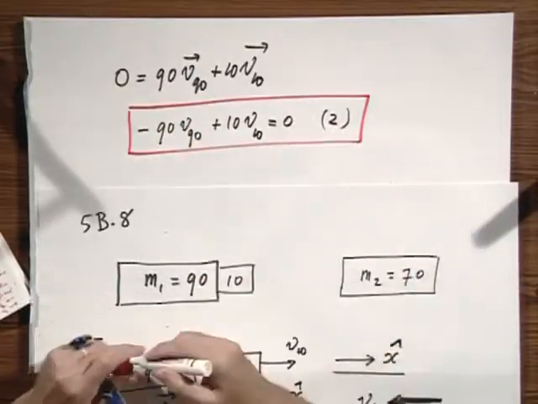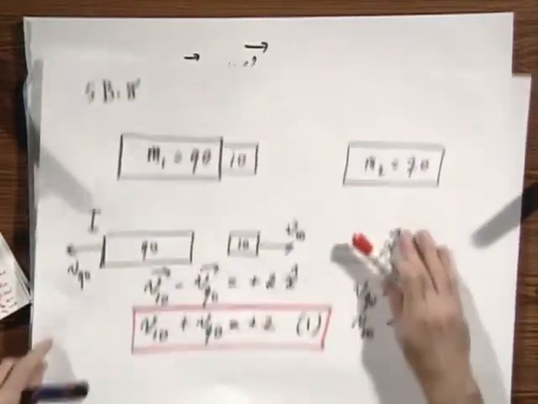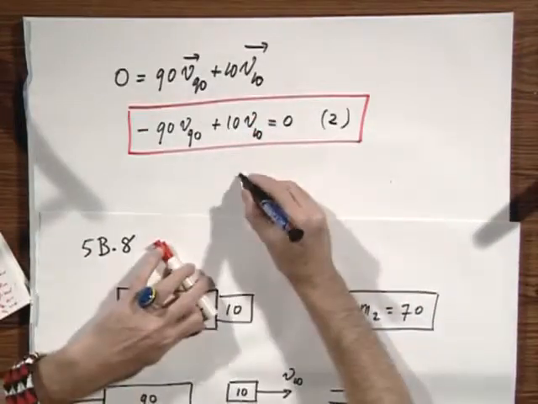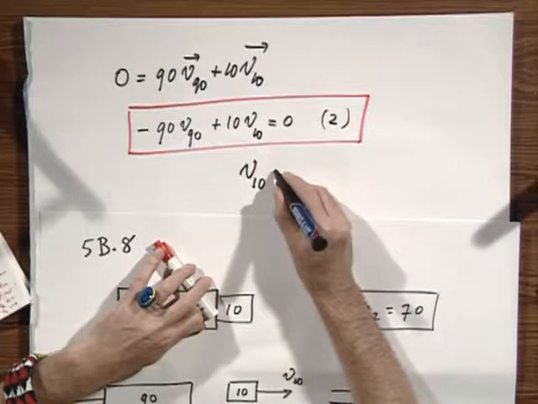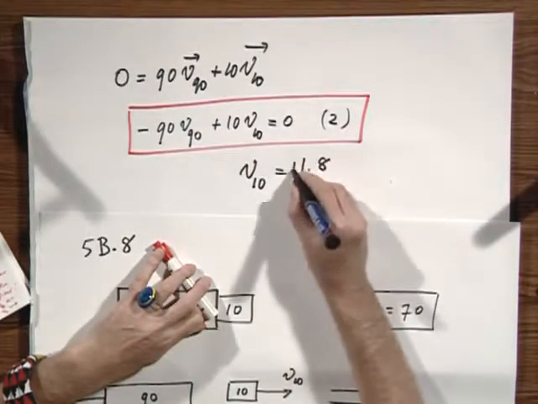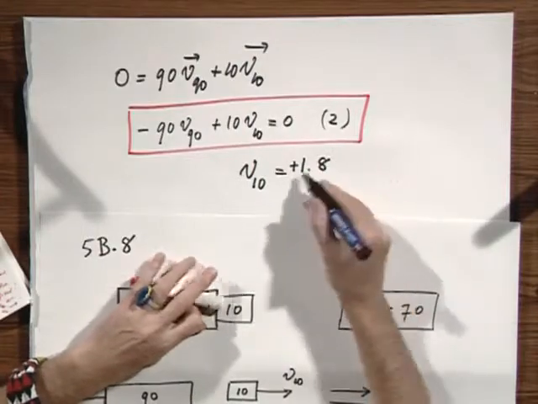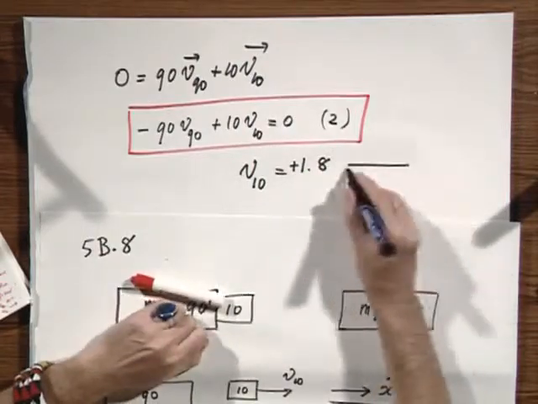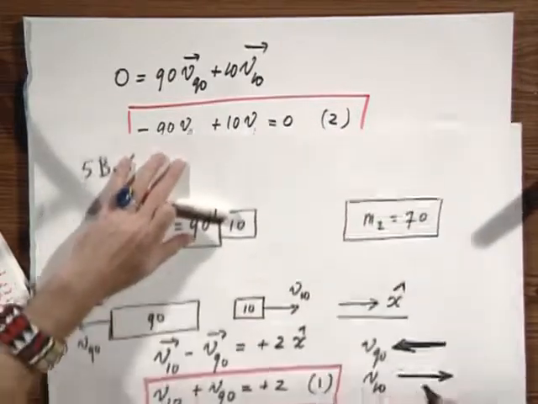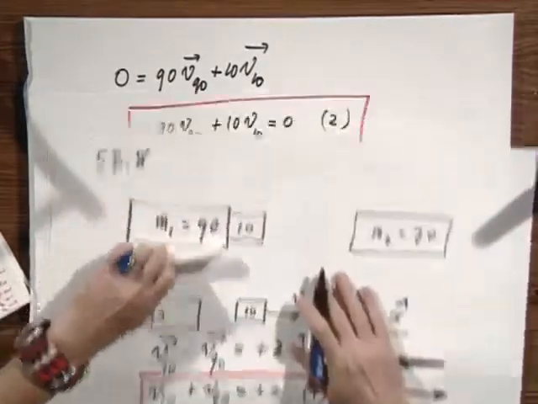Well, I have now two equations with two unknowns, and what do I find? I find when I solve it that V10 equals 1.8. It better be positive. If it doesn't come out positive, I would have made a mistake, because all the numbers that I've put in are speeds.